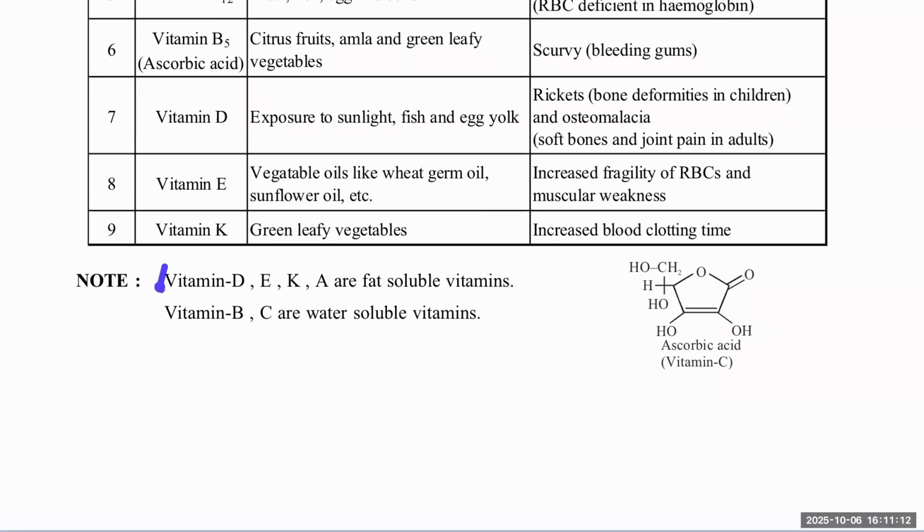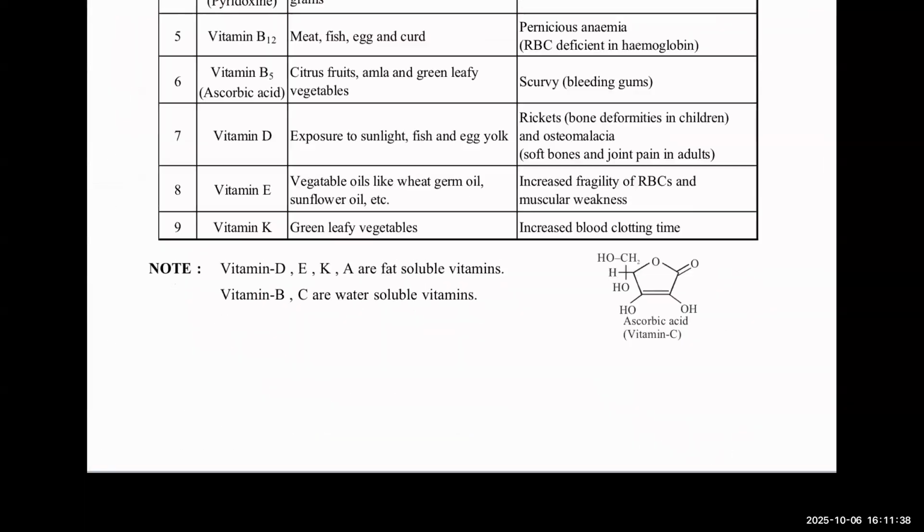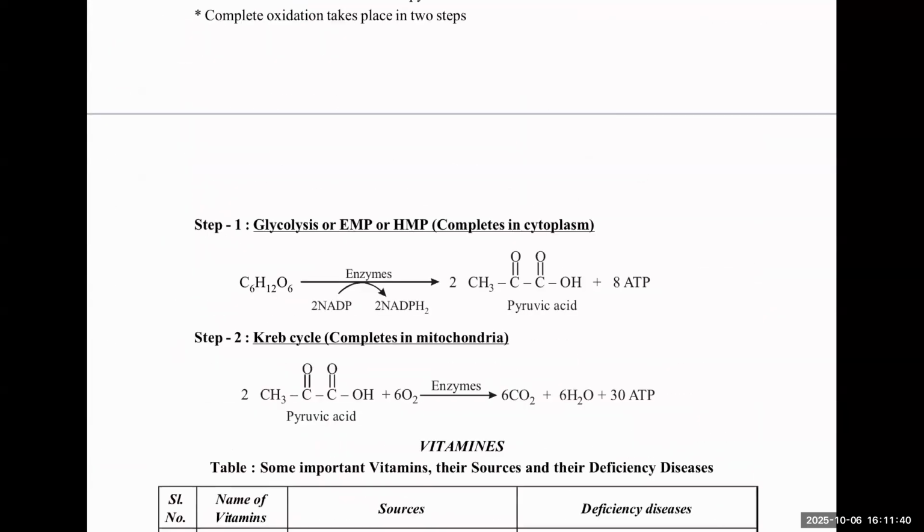The last thing you need to know is this one: vitamins D, E, K are fat soluble, while vitamins B and C are water soluble. And vitamin C, structure-wise, is this one, which you call ascorbic acid. Got it? It has two chiral centers, if you notice, here and here. These two are the chiral centers it has. Done, beta.